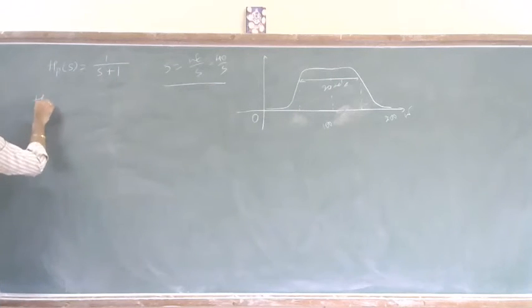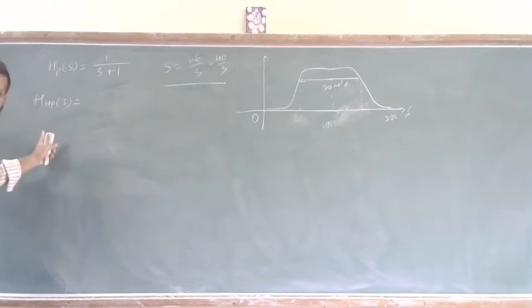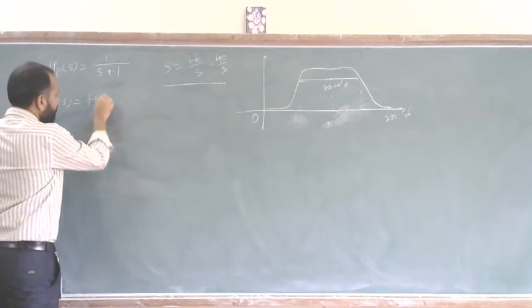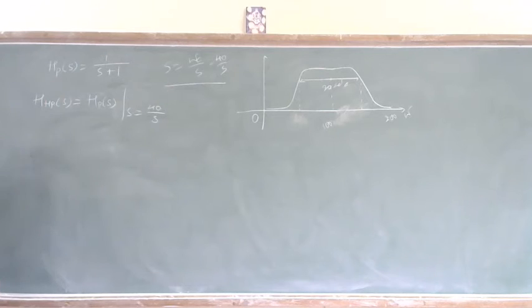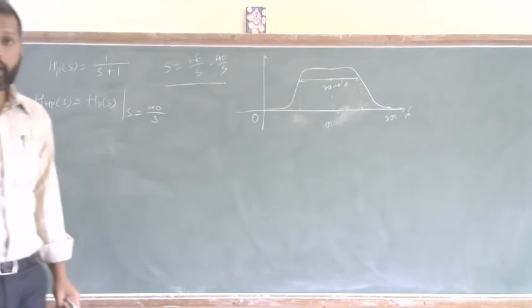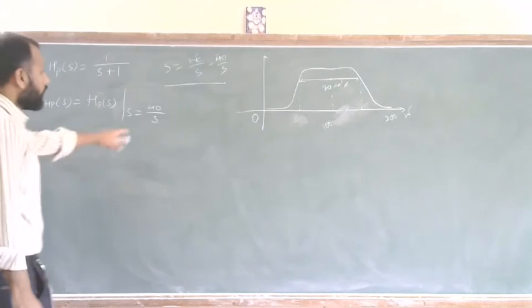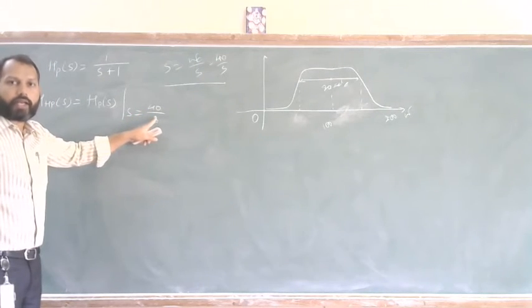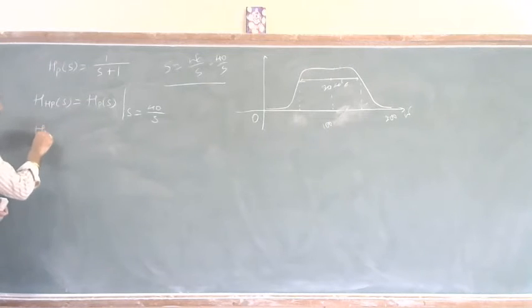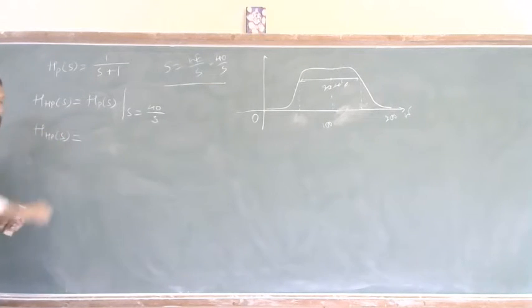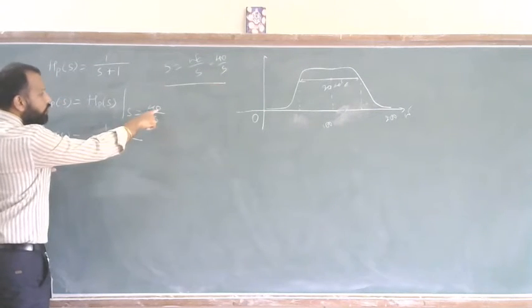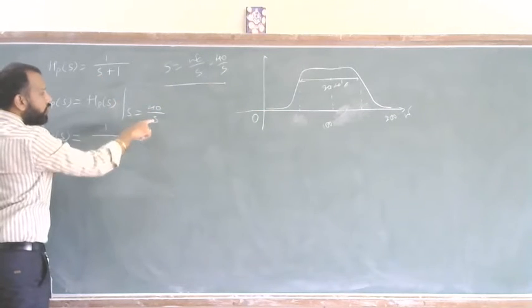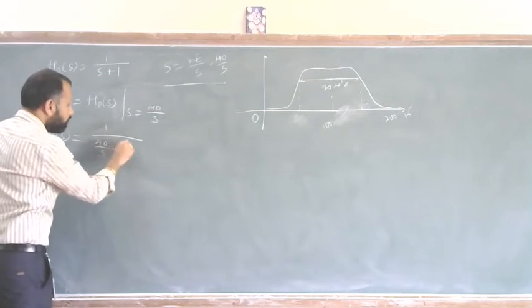HP of S, the system function of the high pass filter, equals the prototype H of S for S equals 40 divided by S, because that is the transformation, and omega c is 40 radians per second. So HP of S will be 1 divided by 40 divided by S plus 1.